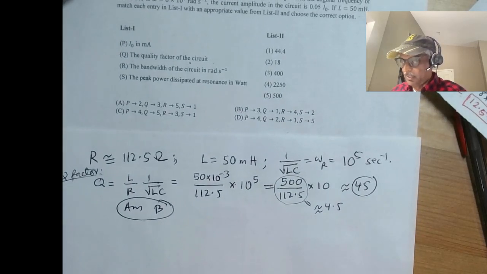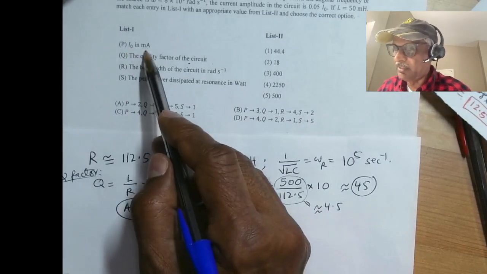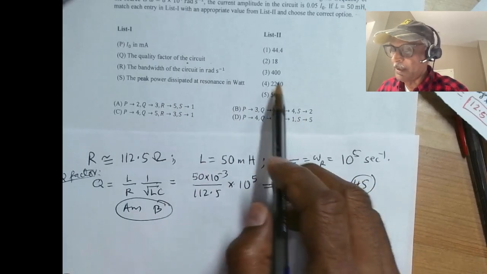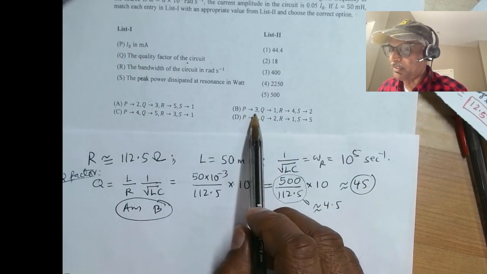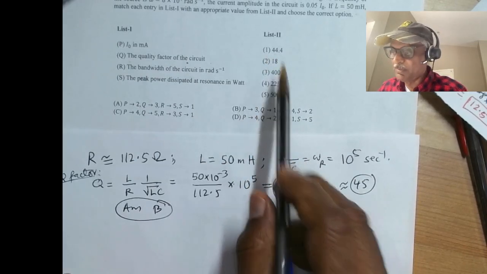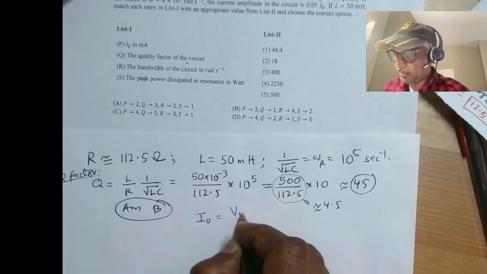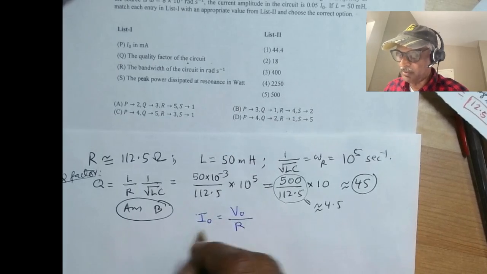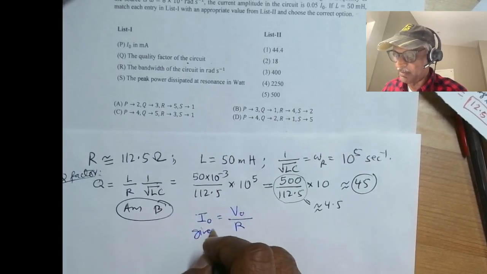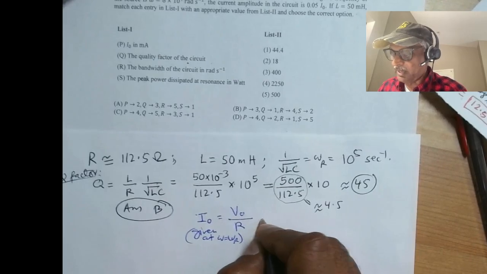But if I'm a little bit hesitant to move on, I can check on I0. So I0, which is P is supposed to be 3. So 400, and it's also a lot different, right? So let's look at I0. I0 will be V0 over R. This is given at omega equals omega R. That's the case.